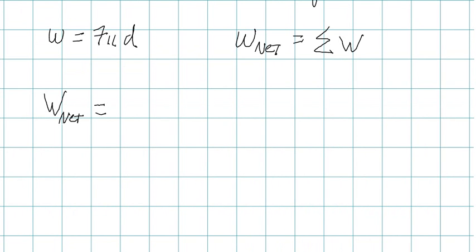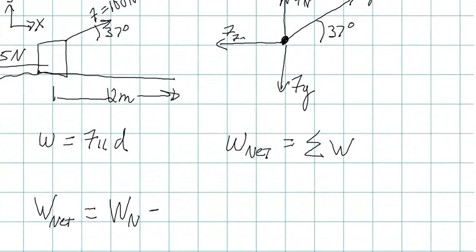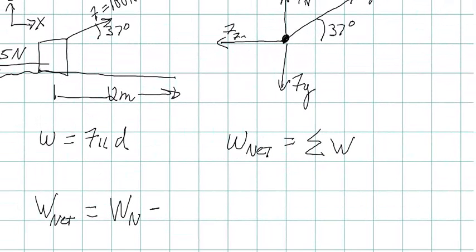So it's going to be work done by the normal force minus, should have drawn my free body diagram a little bit lower, minus the work done by gravity, because it's pointing towards the negative direction, plus the work done by the pull, minus the work done by friction.